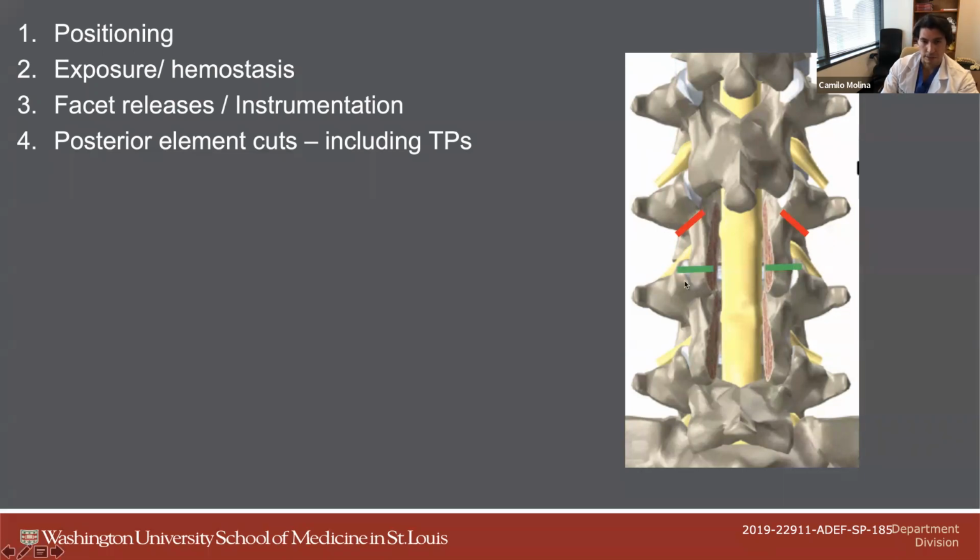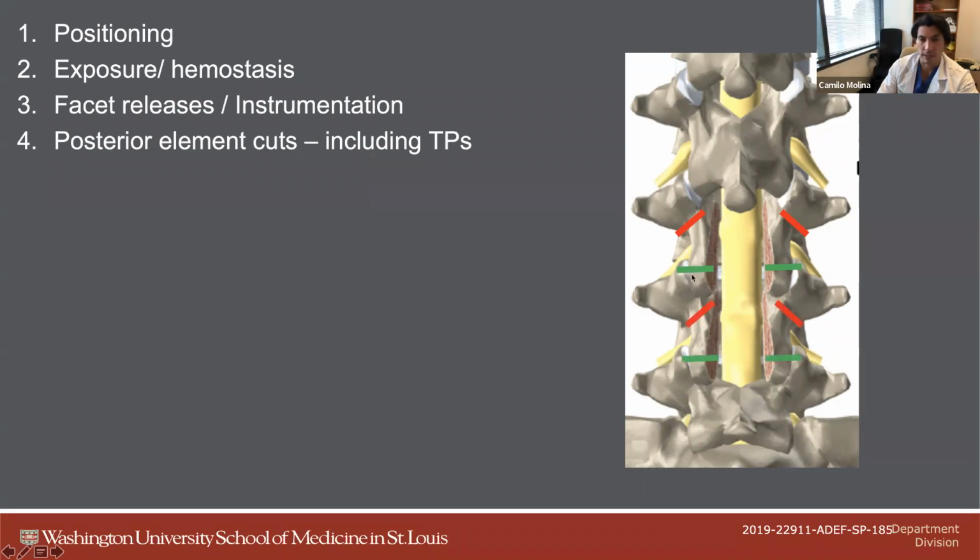Then usually this is a rigid mass, so it's not like you have these nice facets, but I'll get an idea of where the SAP would have articulated with the pedicle by looking at the top of the transverse process, and I'll make another horizontal cut here, and I'll repeat those cuts at the level below.